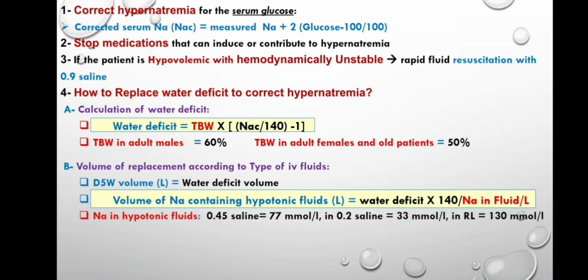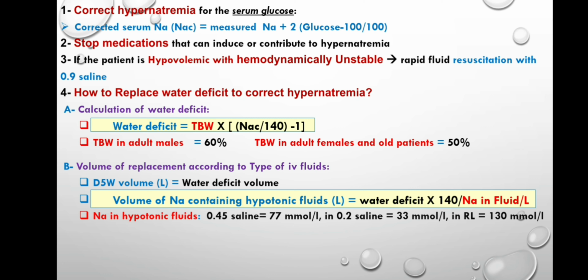So first calculate water deficit from this equation. After calculating water deficit, if you will correct with D5 water, the patient will need a volume equal to the water deficit. If the water deficit is 7 liters, the patient will need 7 liters of D5 water.